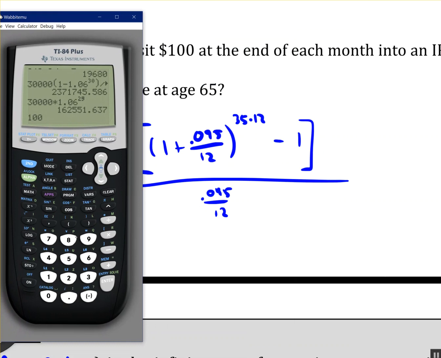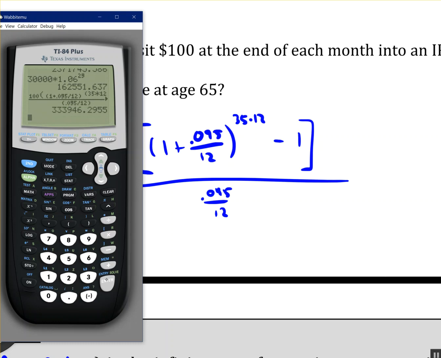So $100, and then it's up to you. We could make it pretty like this if you want. 100, and then let's do 1 plus 0.095 divided by 12, to the 35 times 12, minus 1, divided by 0.095 divided by 12.